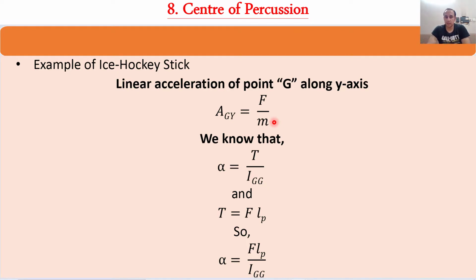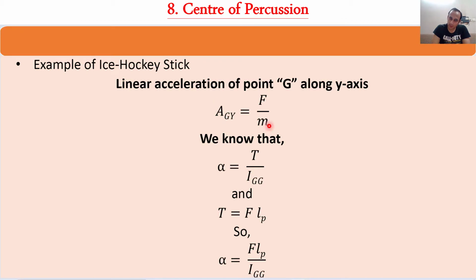And what else do we have? We know that the angular acceleration is equal to torque divided by IG. So this is the equation. This is actually the application of the second law of motion to the rotational system.